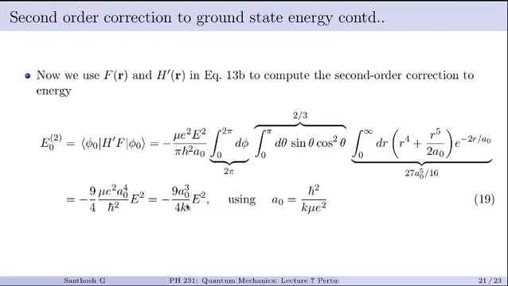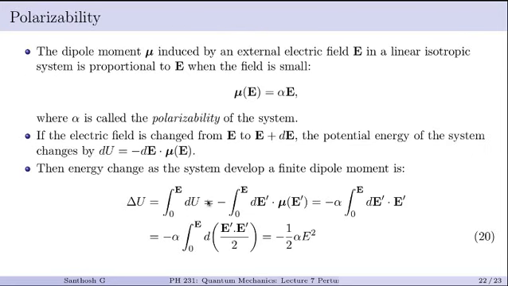Now we want to interpret this result. We have already seen that the expectation value of the polarization operator is 0 in the ground state of the hydrogen atom, and therefore we conclude that there is no permanent dipole moment when the hydrogen atom is in its ground state.